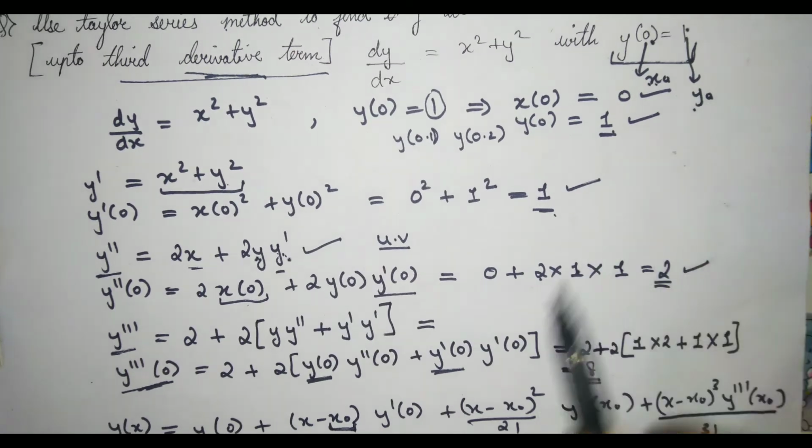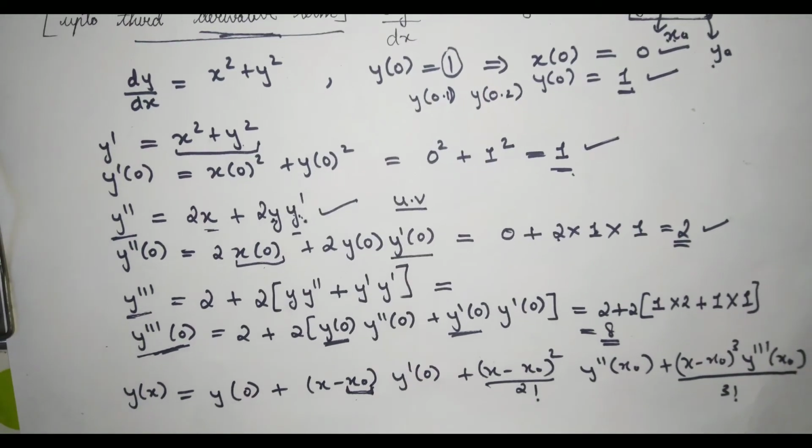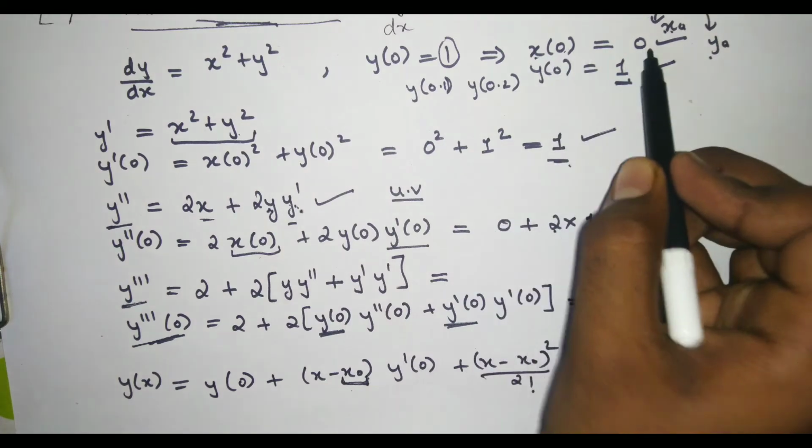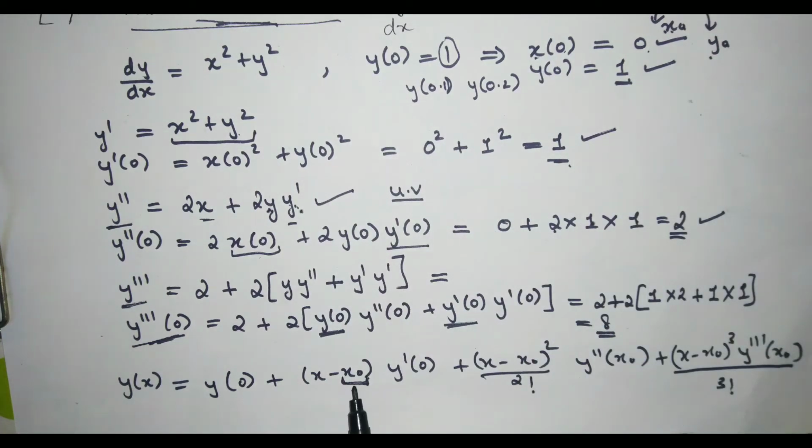That's the major thing. In many textbooks they use this notation. So x naught is 0, and here I can replace this with y of x naught, because I know the value of x naught is 0 itself.